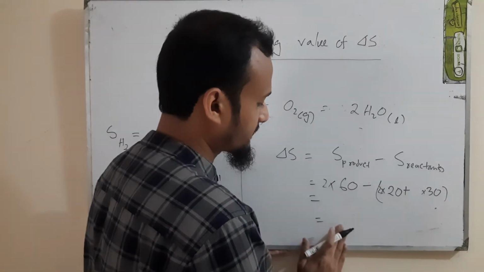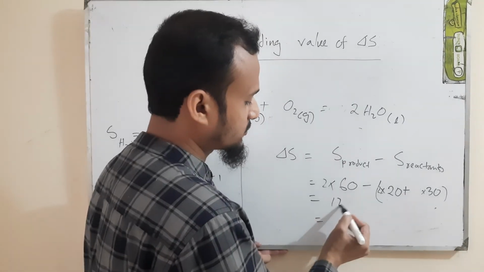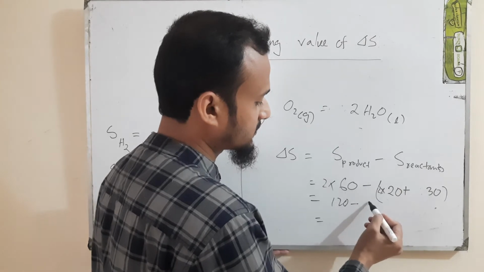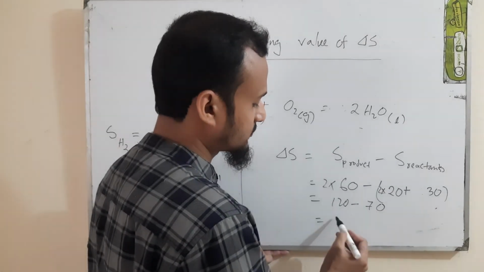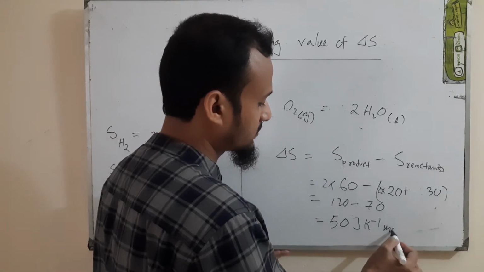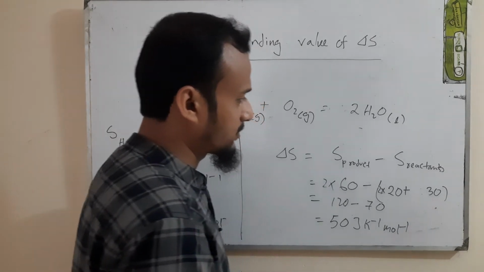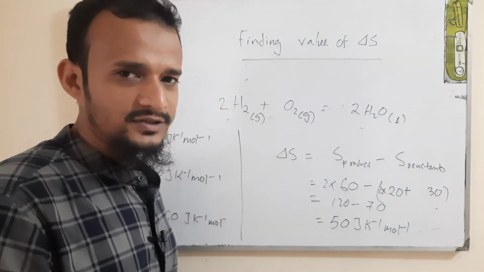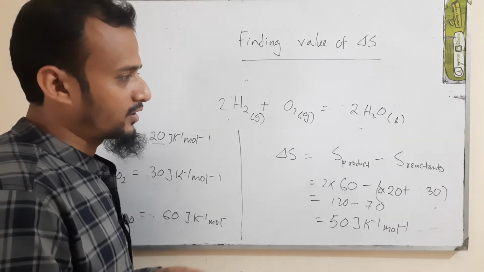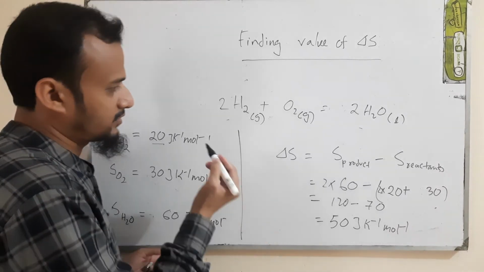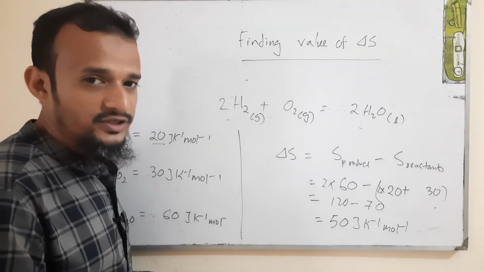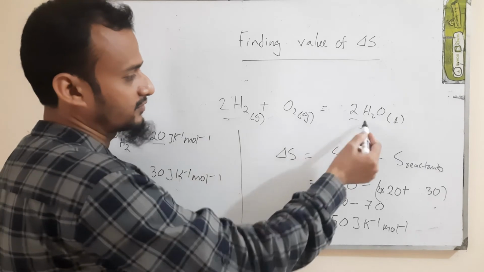Let's see. 120 minus 40 plus 30, 70. So it will be 50 joule per Kelvin per mole. I hope that you'll be able to calculate the value of delta S from different equations and different moles if given.